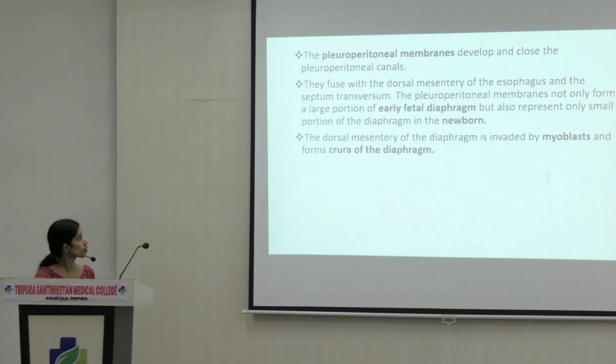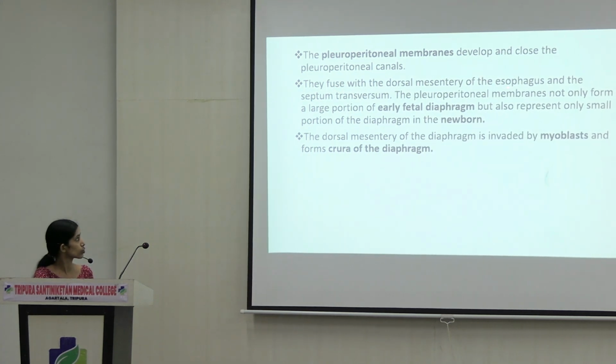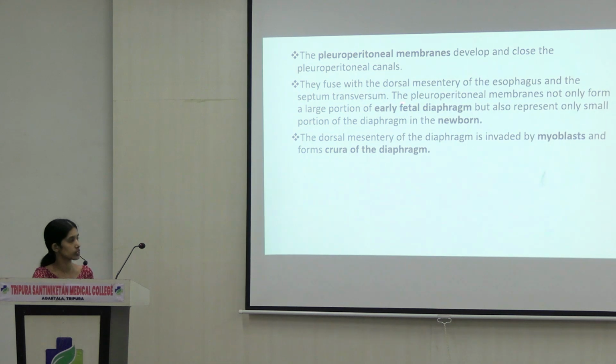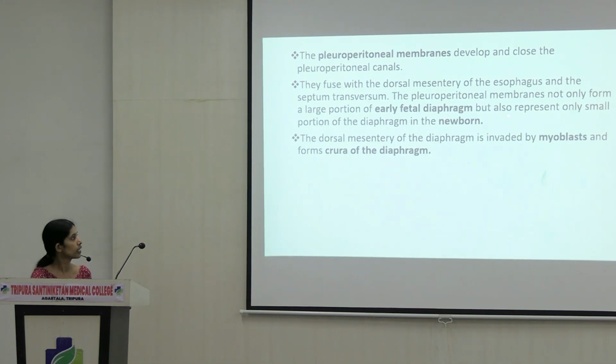They fuse with the dorsal mesentery of the esophagus and the septum transversum. The pleuroperitoneal membranes not only form a large portion of early fetal diaphragm, but they also represent only a small portion of the diaphragm in newborn babies. The dorsal mesentery of the esophagus is invaded by the myoblasts and forms the crura of the diaphragm.